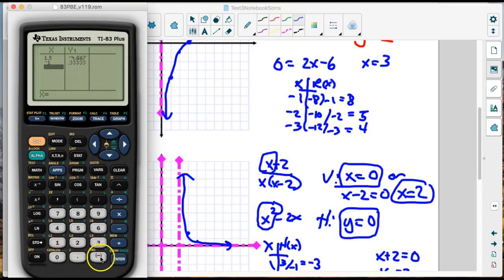We can go -2. That's 0. We can go -3. That's -0.06. We can then go -4. It's -0.08. So what it looks like is it has to approach the asymptote. So what happens is it crosses here, but it stays really close to the asymptote.